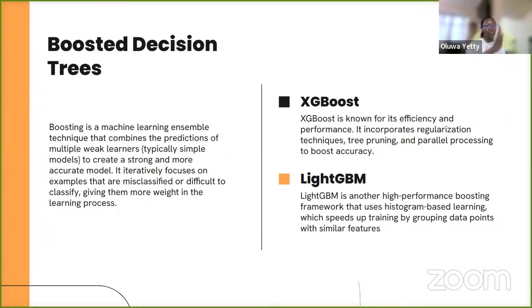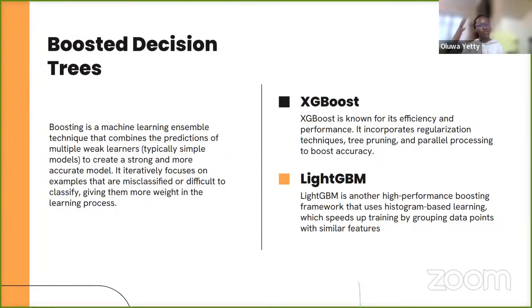So I'm just going to group those and use that to train the decision trees that I've misclassified. So it tries to understand groups. That's why it's called histogram-based, because it groups things together according to the features that they have in the samples, and it uses that to correct the weak learners, which are basically the decision trees.